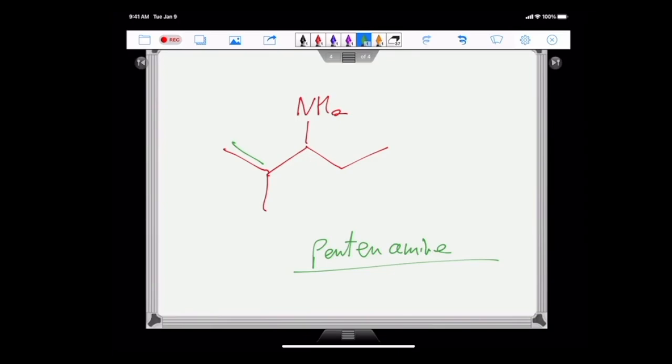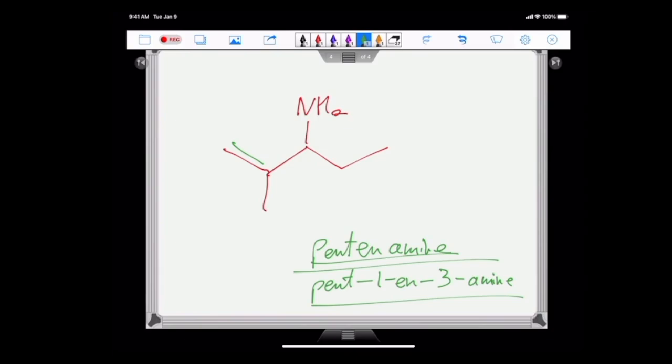Where is the ene? Where is the amine? Ene starts on carbon what? Carbon 1. Amine starts on carbon 3. So this would be better written as pent-1-ene-3-amine. Sorry, let me go by hyphens: pent, hyphen, 1, hyphen, ene, hyphen, 3, hyphen, amine.